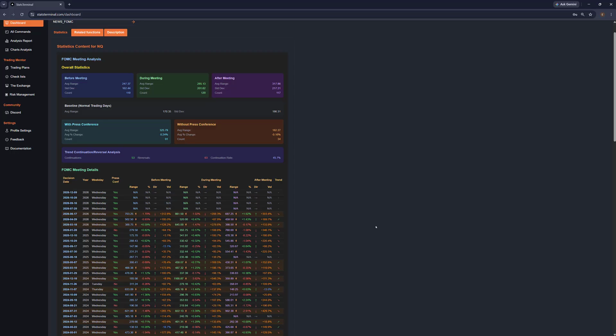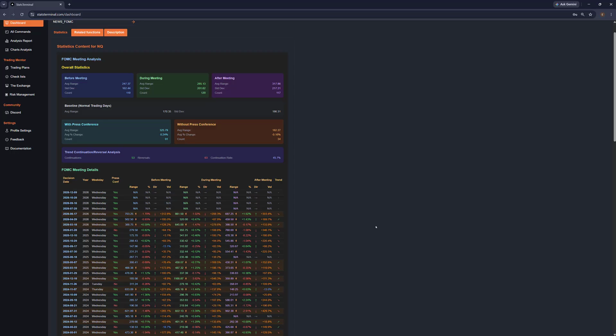Before looking at the trades, let's talk about the environment. One thing I observed after studying many FOMC sessions is that the market often moves from one extreme to another before the announcement. Volatility is usually elevated, traders are positioning themselves ahead of the news, and emotional trading becomes more common.